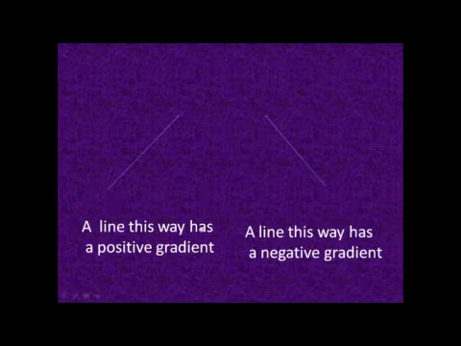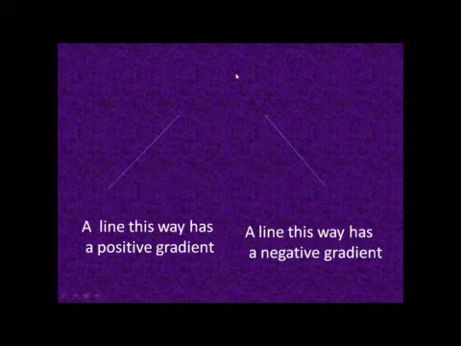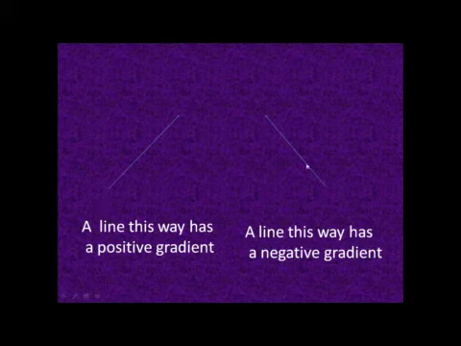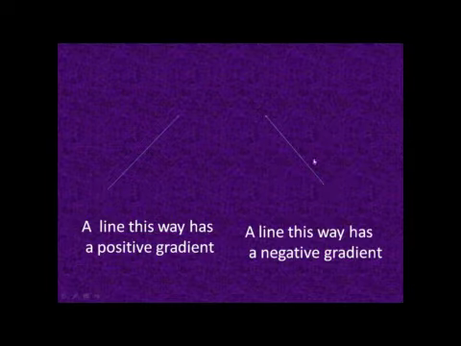A line pointing towards the right, like your right hand, has a positive gradient, and a line pointing towards the left has a negative gradient.